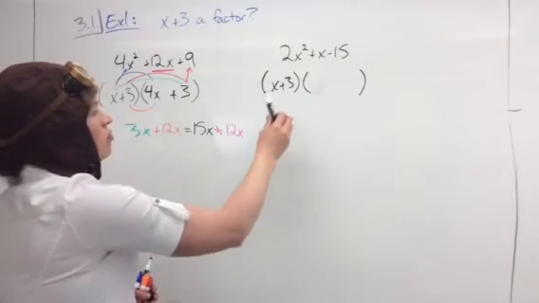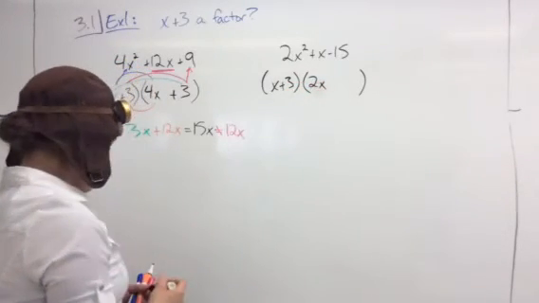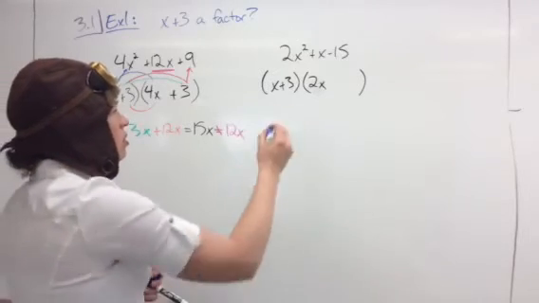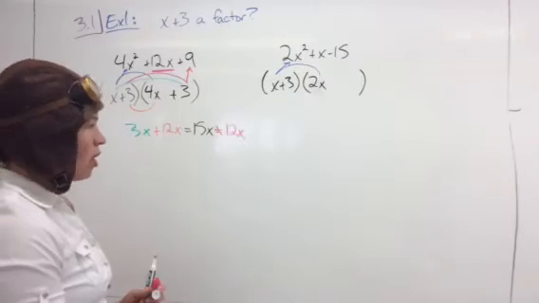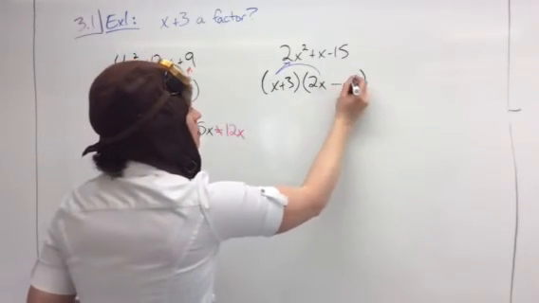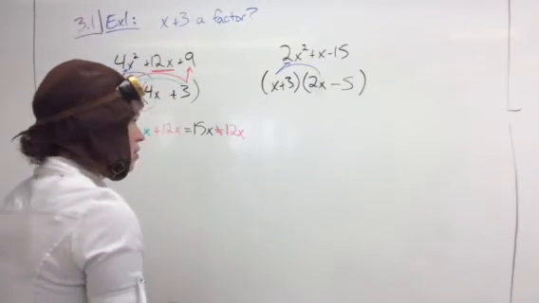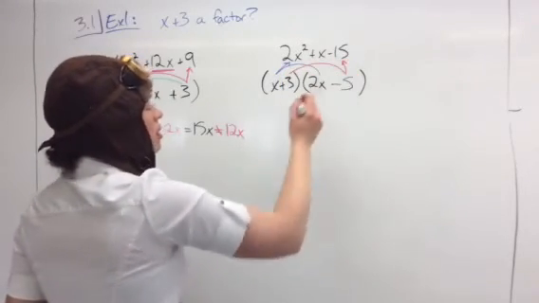So x times 2x would have to have given you 2x squared, so that one. And 3 times negative 5 would have to have given you negative 15.